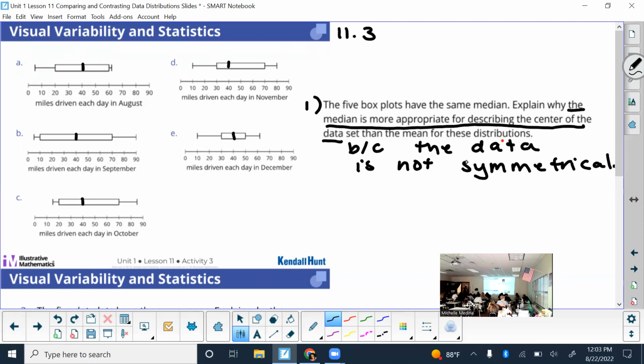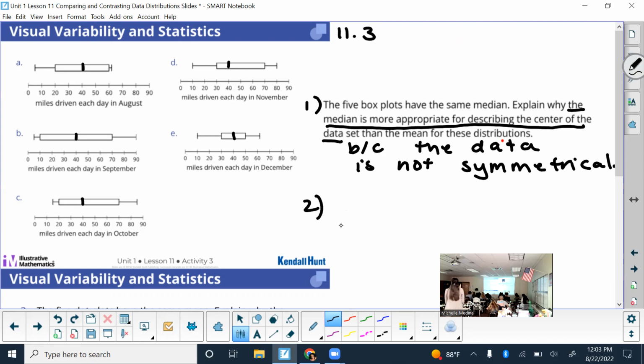The median is more appropriate for describing the center of the data because the data is not symmetrical. If you write just because the data is not symmetrical, you might not understand it later. Correct.